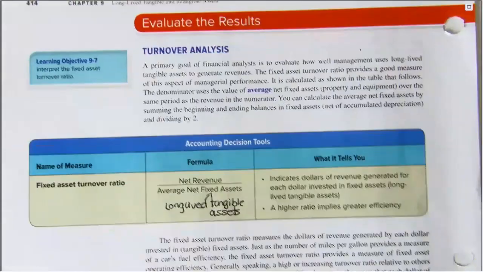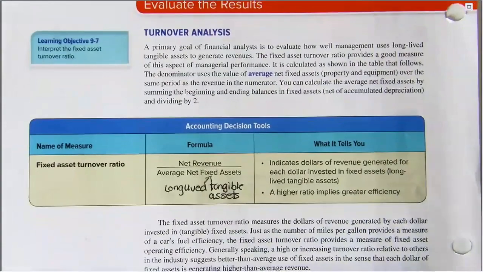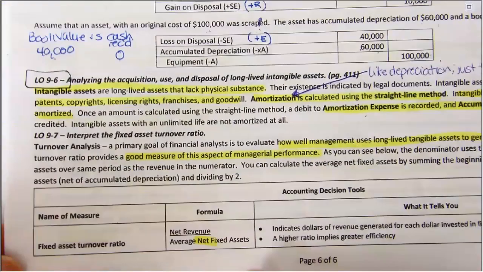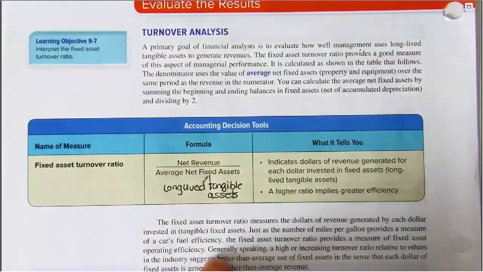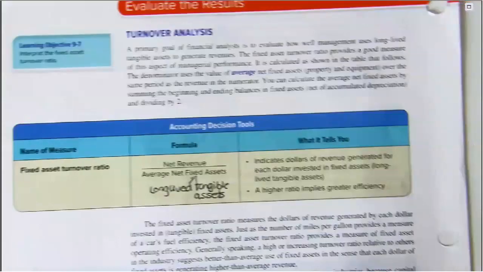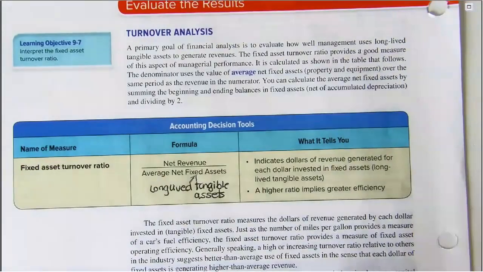So this last thing is about the fixed asset turnover, and this would be the last thing on page 6 here, turnover analysis. But it's a little nicer to see here because it's a little bit bigger font and a little more colorful. So one of our goals in financial accounting is we say we want to be able to make good decisions about companies, both as investors and creditors.